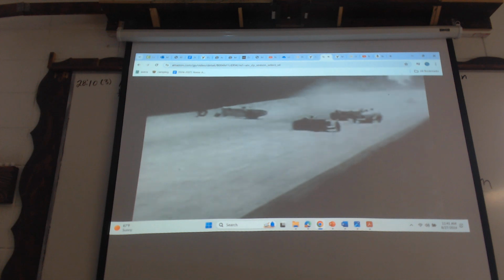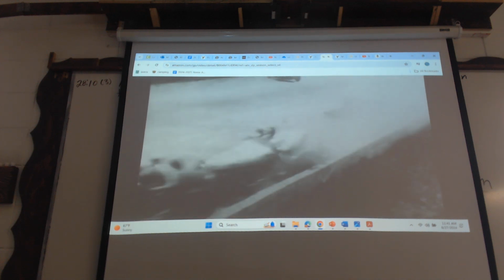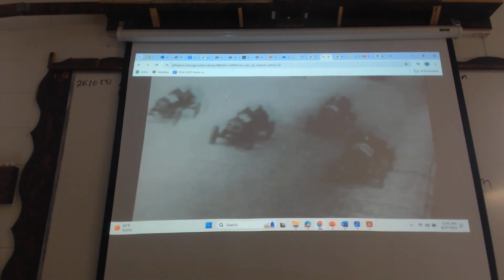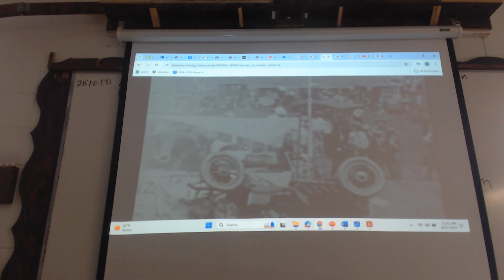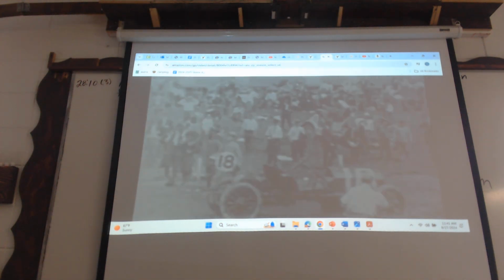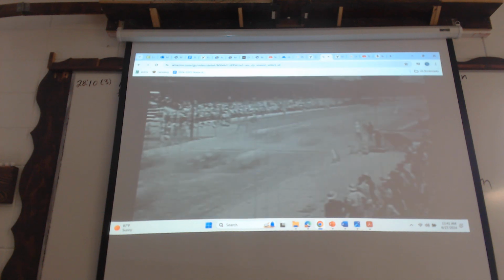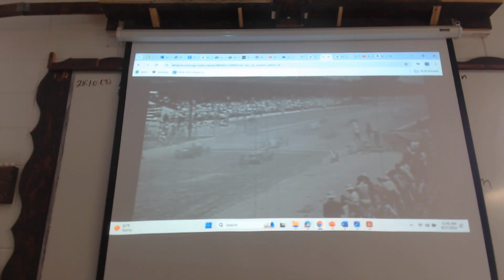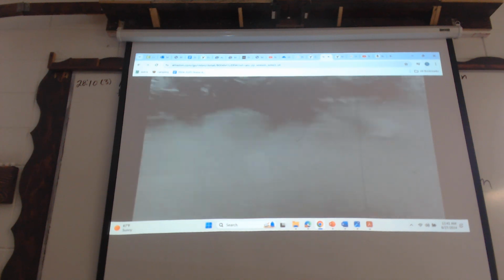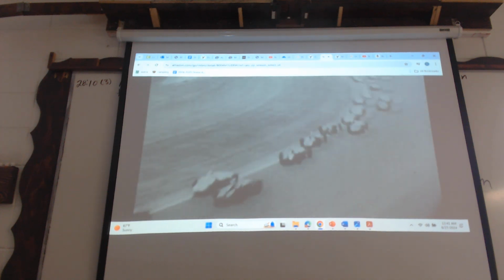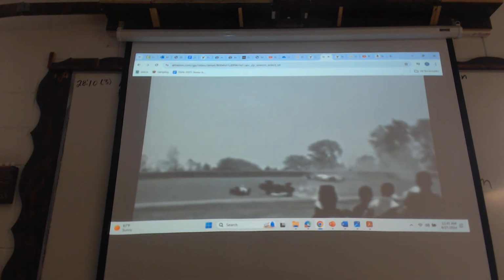High-speed crashes have been part of auto racing since its earliest days. In 1911, the very first Indy 500 had a multi-car pileup just 13 laps into the race. As cars got faster, auto racing dangers increased. The 1958 Indy race saw one of the industry's deadliest high-speed crashes yet.